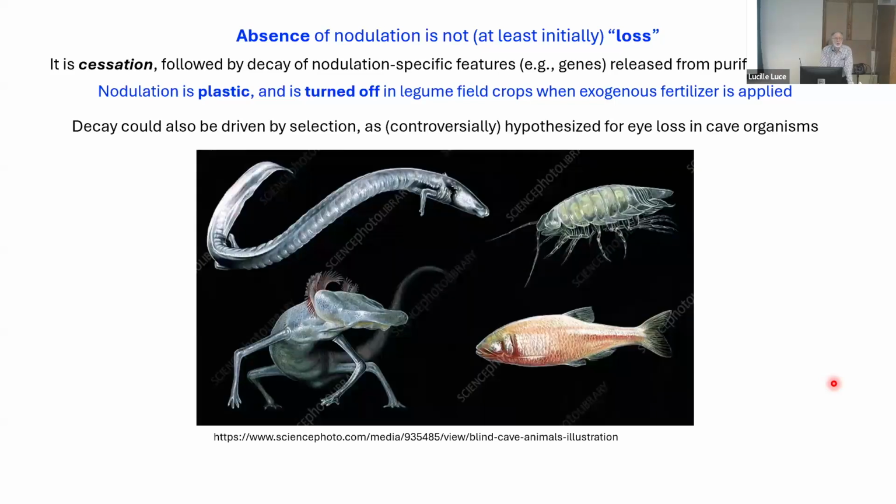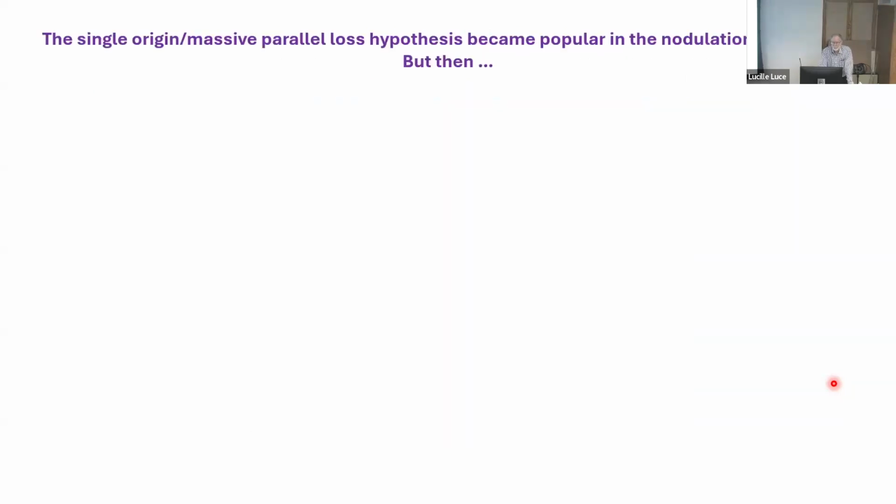So this is what happens also with cave animals. Cave animals, when they go into the darkness, the eye becomes dispensable, and usually mutations occur pretty quickly to eliminate the eye. And there even are scenarios that are suggested somewhat controversially that involve positive selection, because even the machinery that's involved in making eyes, even if you're not using them, is also expensive. And so there may be some selection pressure to actually get rid of the eyes entirely.